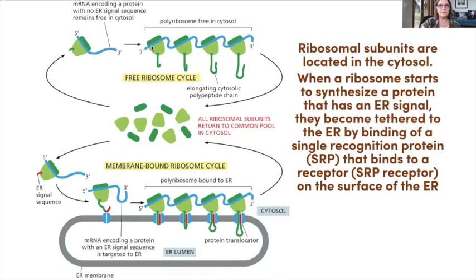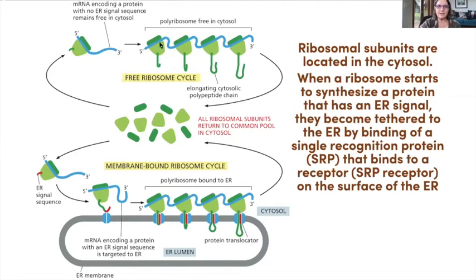And as the ribosome moves along the RNA, additional ribosomes can bind upstream and start synthesizing. That creates these chains of ribosomes attached to a single messenger RNA that are called, in this figure, polyribosomes. Sometimes they're just called polysomes.